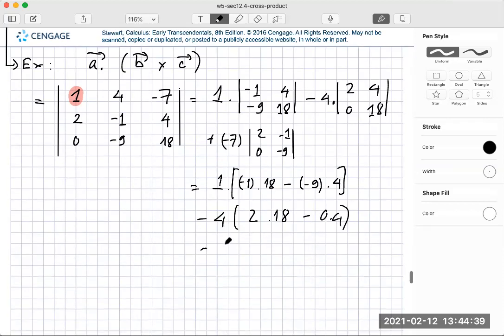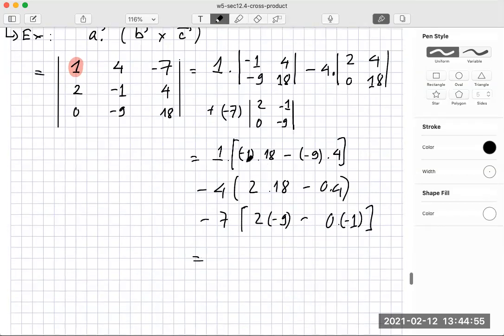And the last one. And 0 times -1 here, right? Okay, what do we have here? It is -18 plus plus 18, right? 36 minus 18, it will be 18. So 1 times 18 will be 18.